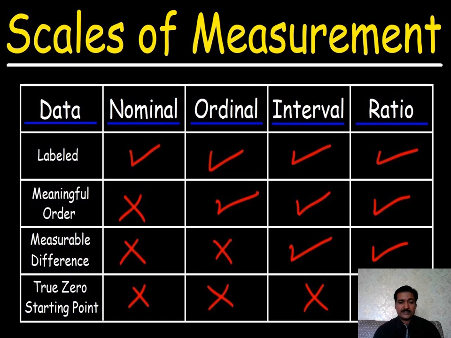You can easily understand: labels can be applied in case of nominal, ordinal, interval or ratio scale data, and the order of the values can be made in ordinal, interval, ratio, in all kinds of data. Measurable differences can be calculated in case of interval and ratio data only, and a true zero starting point exists only in case of the ratio scale.